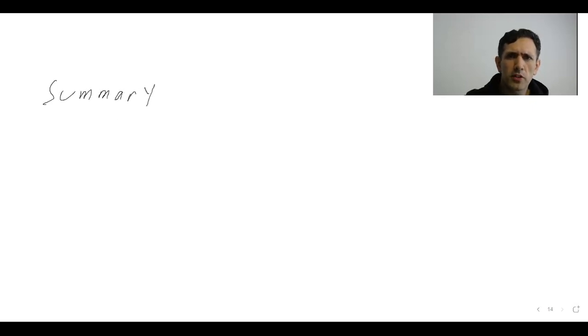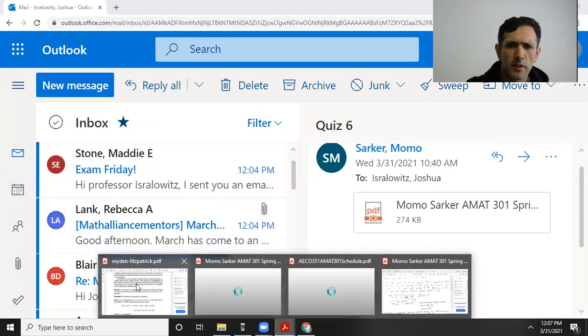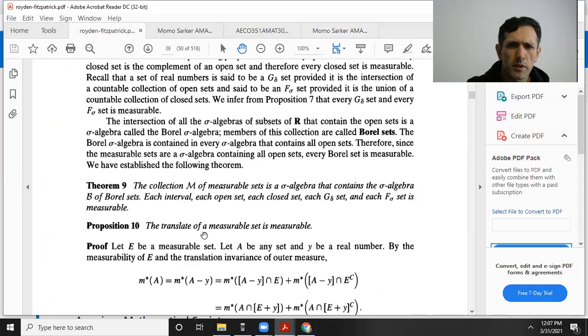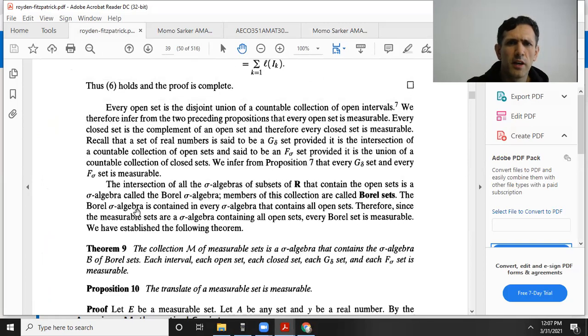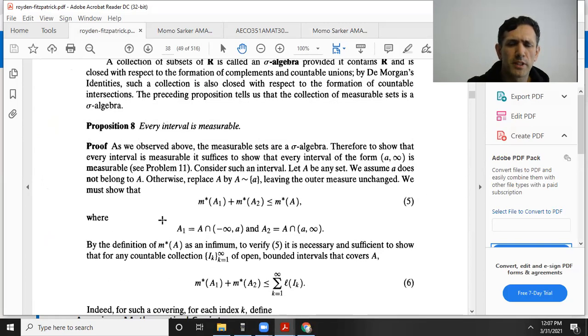Okay, so let me do a new screen share for a moment. Before I summarize, this is a proof I just did, proposition 10. And I also proved proposition 8.